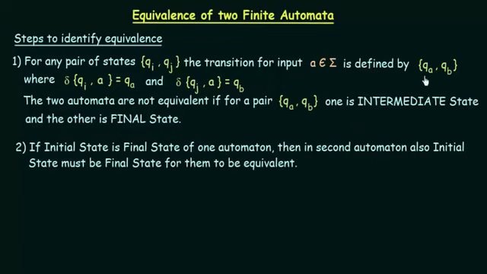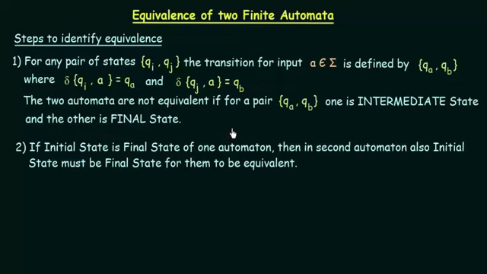That means when you get this pair qa-qb, if both are either final states or non-final states, then the two automata are equivalent. But if qa is an intermediate state, that means a non-final state, and qb is a final state, that means if one is an intermediate state and the other is a final state, then the two automata are not equivalent. That is what these steps are trying to tell us.